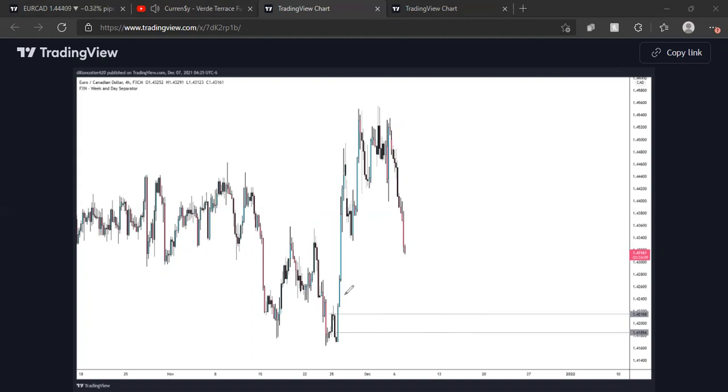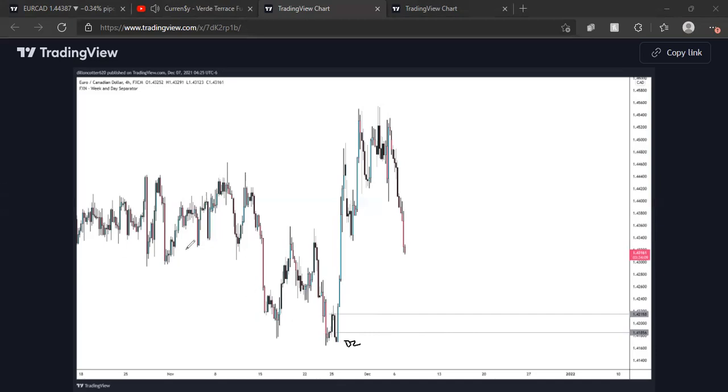One thing about demand levels, and we'll talk about that in a second on a live chart: there are supply and demand levels everywhere in the market. The ones I look for are the demand zones that have given me a really strong impulse.